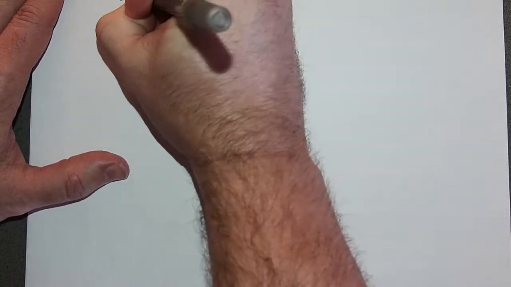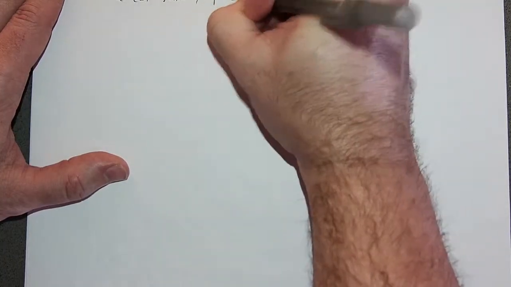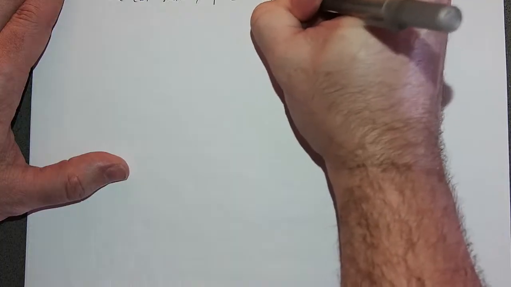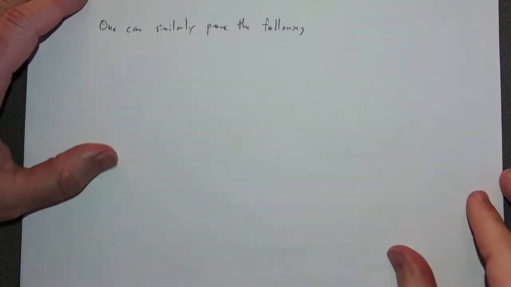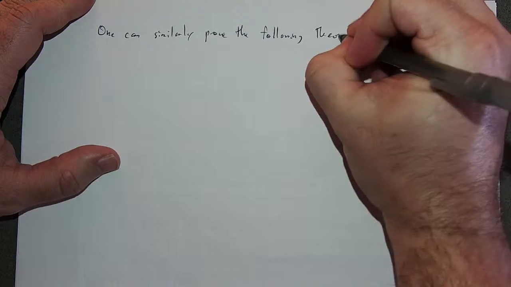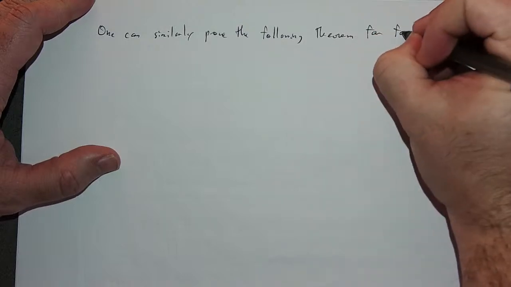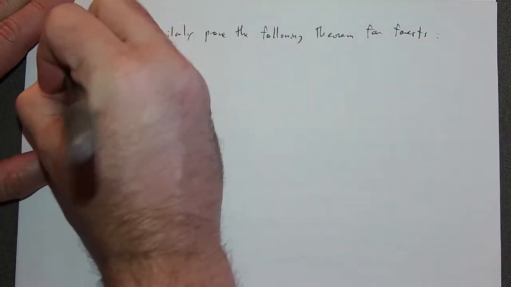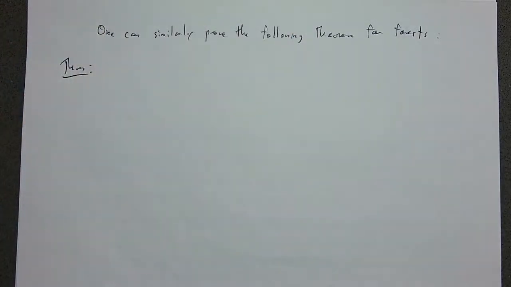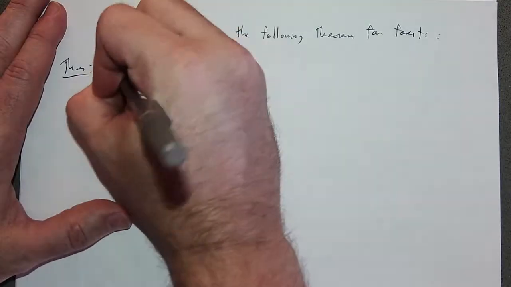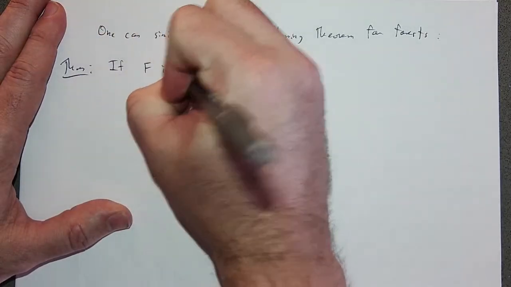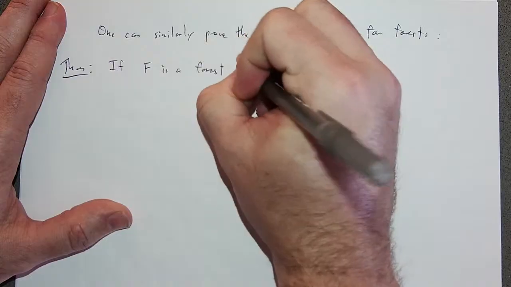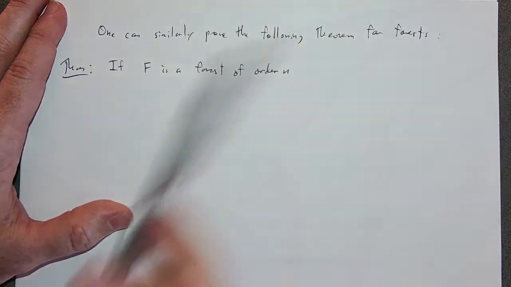One can similarly prove the following theorem. Think about how you would do this with induction, what you would induct on. This is the following theorem for forests. Theorem: if F is a forest of order n containing k connected components, then F contains n minus k edges. A forest of order n just means it has n vertices.